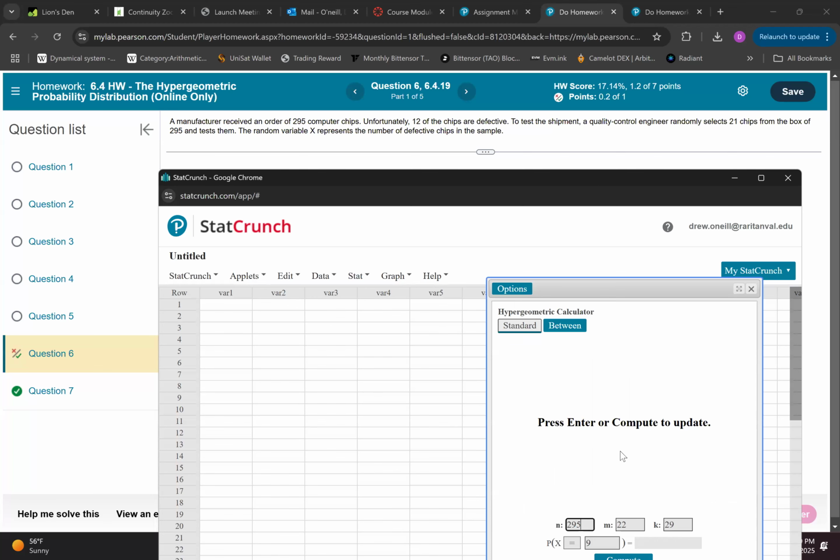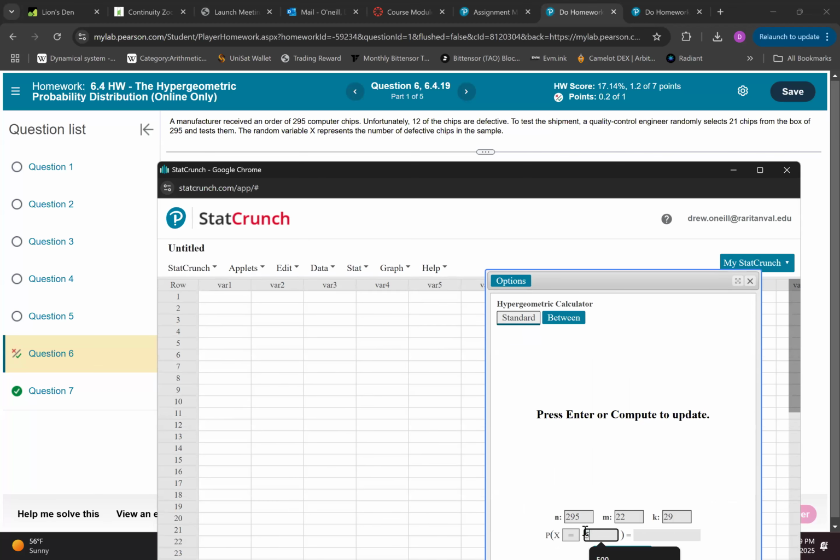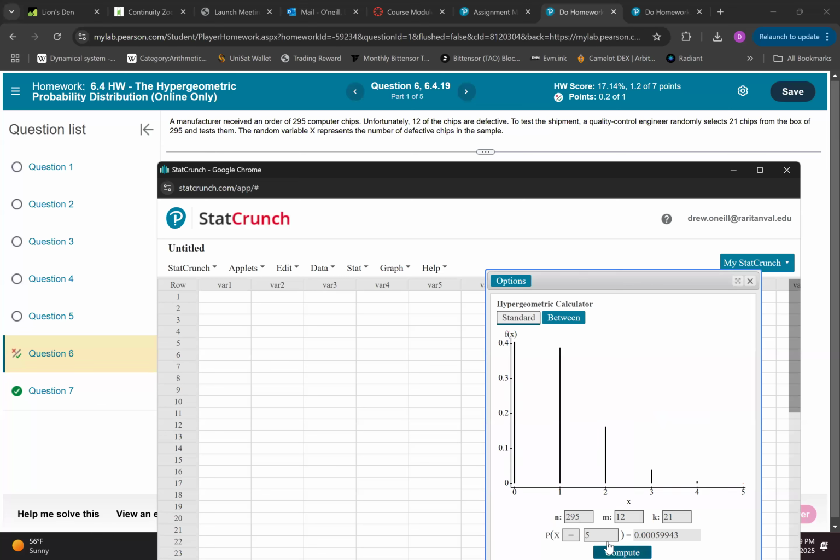We're asking to see the probability that we select 5, so the 5 goes here. 12 of the chips are defective, and we're testing 21. So 12, 21, and that gives us the probability.